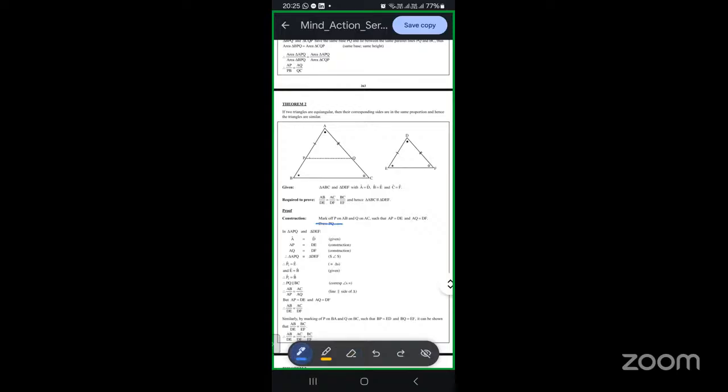You write that P. Okay, they already wrote it here, on the side AB, on this side.